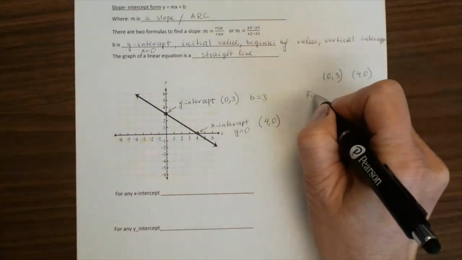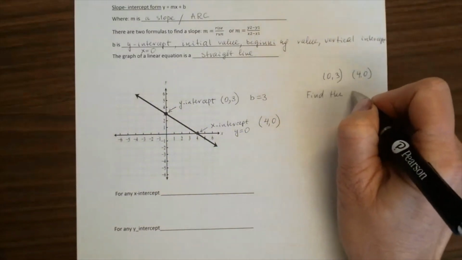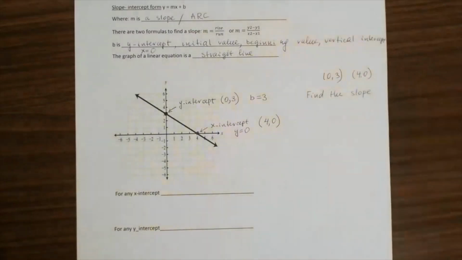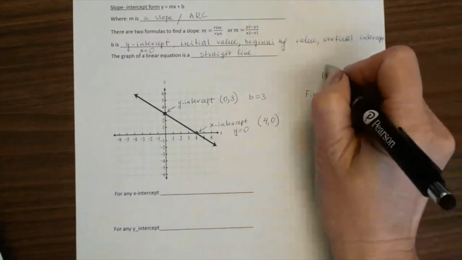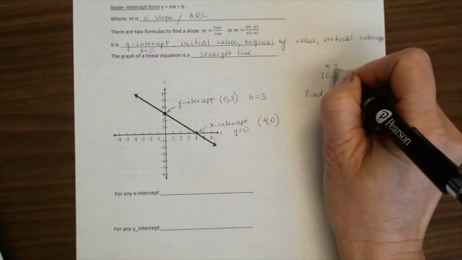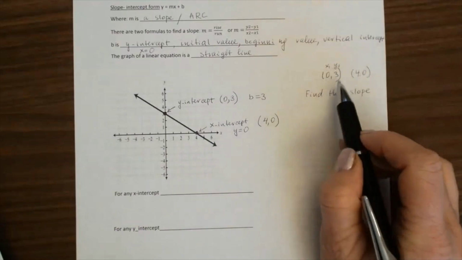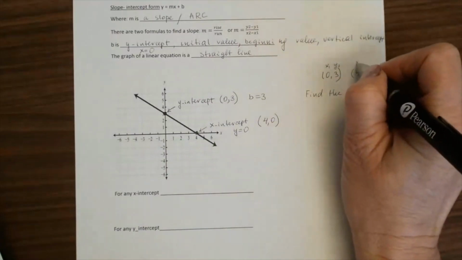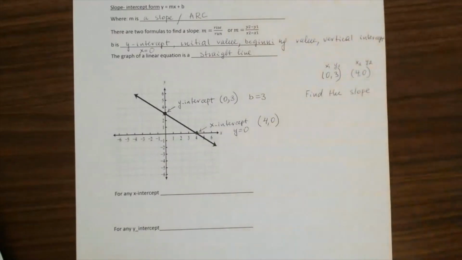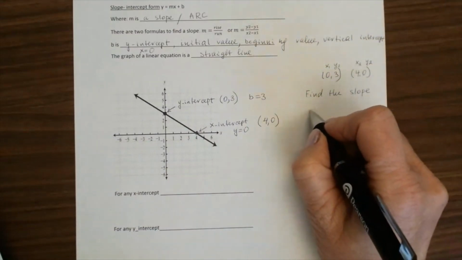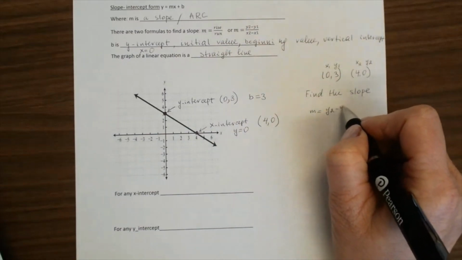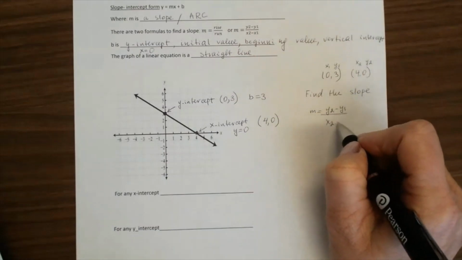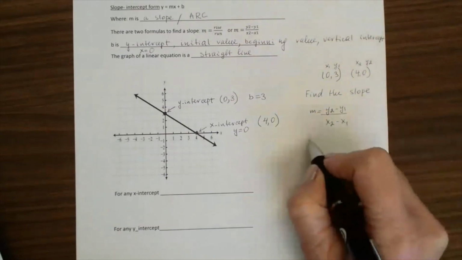And we will find the slope. It will be helpful if you write this way. x1, y1 is the coordinates of the first point. x2, y2 are the coordinates of the second point. We will use the formula m equal to y2 minus y1 over x2 minus x1.